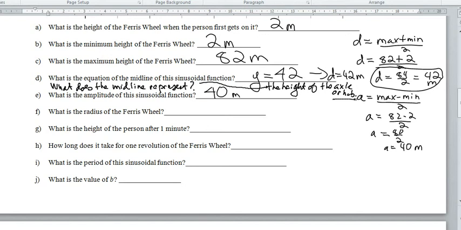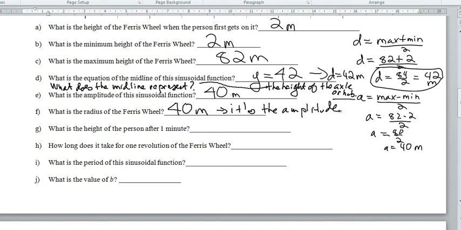Which one of these letters measures from the center to the top or the bottom? A. So the radius of the Ferris wheel is 40 meters, right? It's the amplitude. Because the amplitude is the distance from the midline to the max or to the min, which on a wheel is the radius of the wheel.